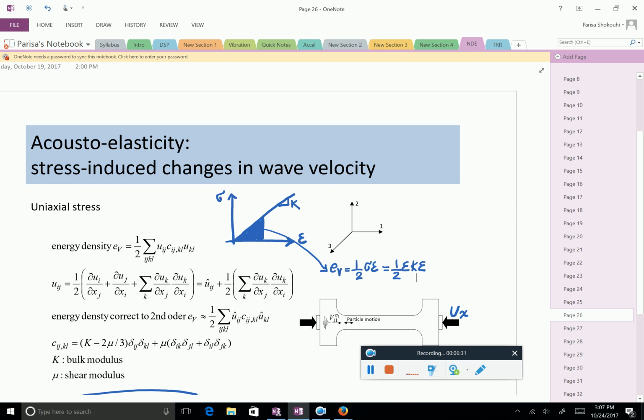Now, the easiest formalism that I thought I could share with you is to look at the concept of energy density. In continuum mechanics, energy density is energy per unit volume, and you can think very easily that volume is area times length, so it's just the area under the sigma epsilon curve. Energy would be the area under the force displacement curve, right?